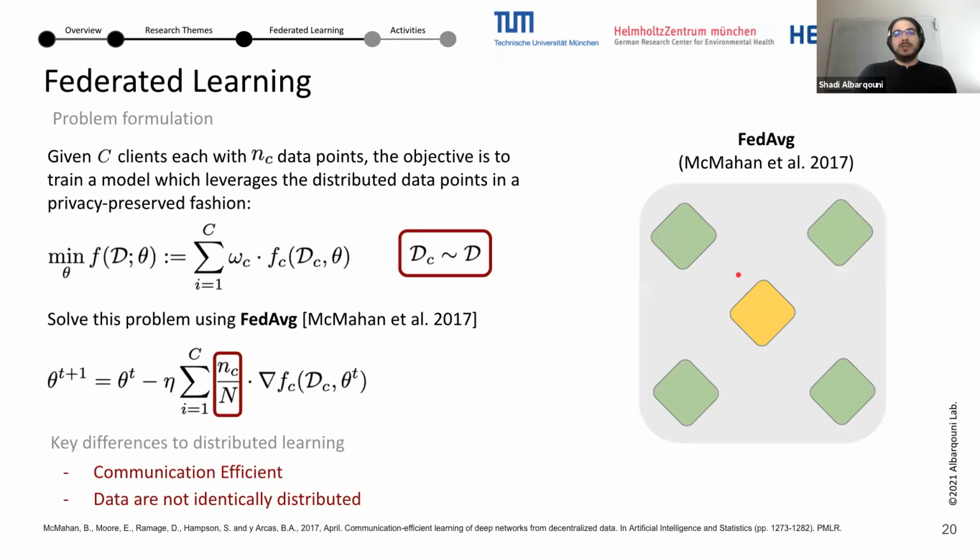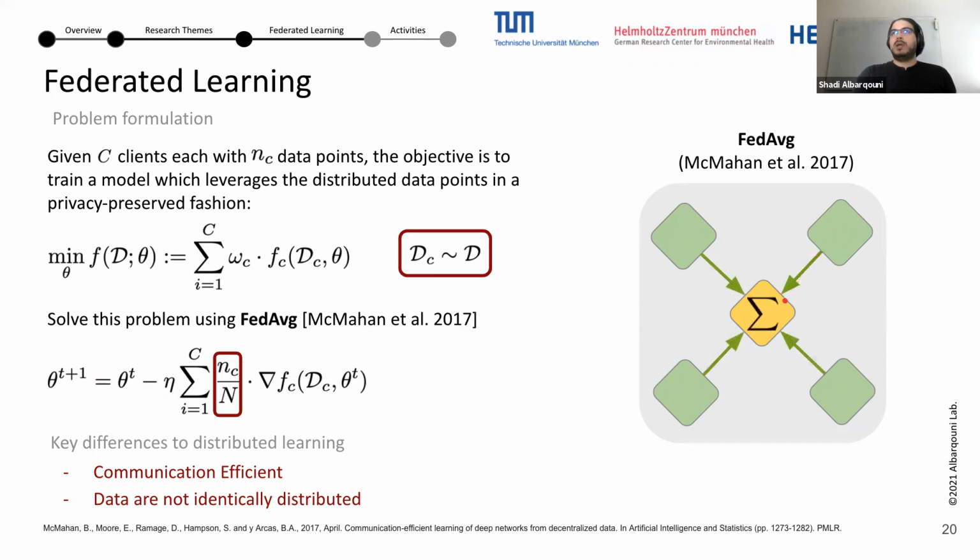So how does federated learning work? Basically, it's the process of training an objective function, say a segmentation or predictive model, where the data is distributed across different hospitals or institutes. And it turned out solving this objective function can be done with FedAvg by McMahan et al., where you simply share the initialized model parameters, the initial global model parameters, with the clients, the hospitals, which train locally on their own data.